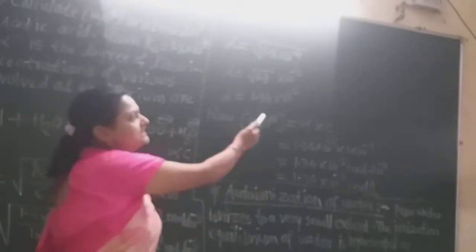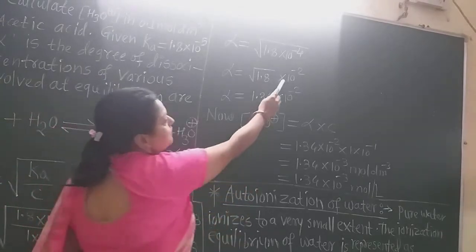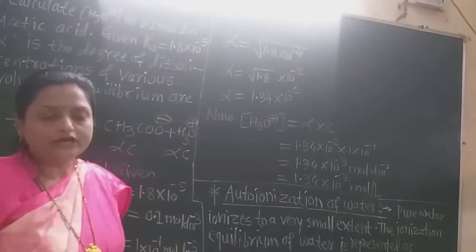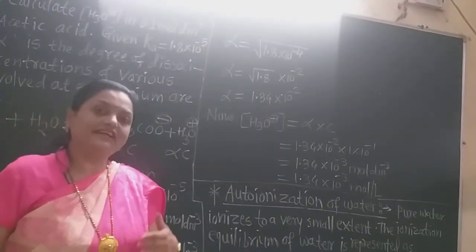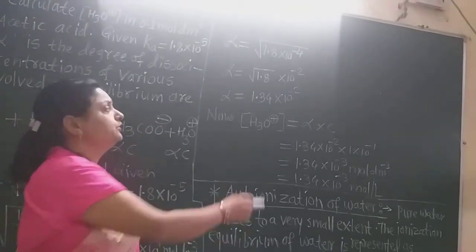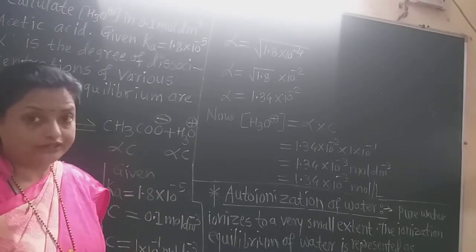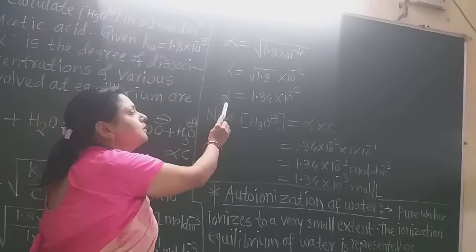You will get this value 1.34, and this 10 raised to minus 2 is as it is. You will get 1.34 into 10 raised to minus 2. Now this is the alpha.